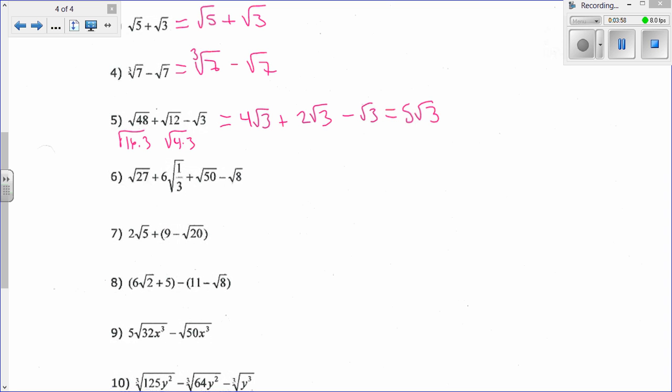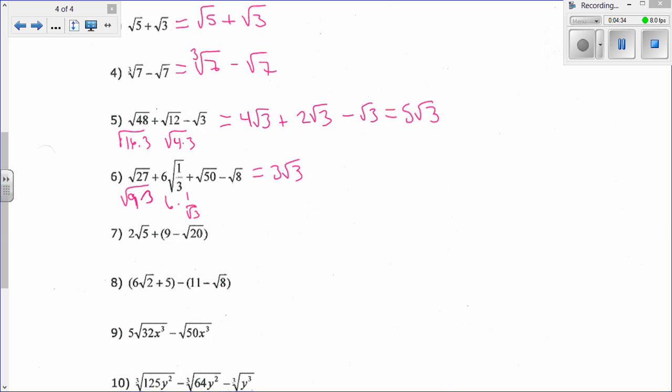For number 6 there, square root of 27 breaks down to, I should say, 3 radical 3 because it's 9 times 3. Six times the square root of 1 over radical 3, or 1 divided by radical 3, cleans up to 6 times 1 over radical 3.